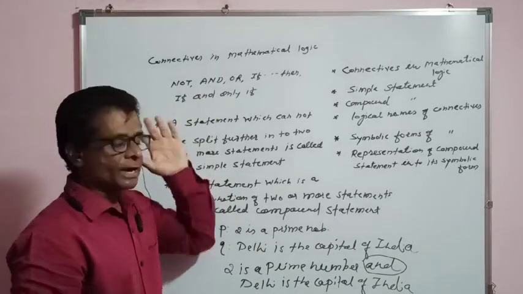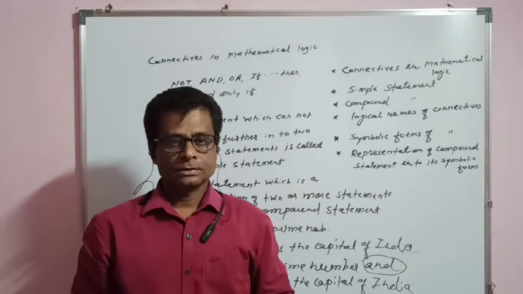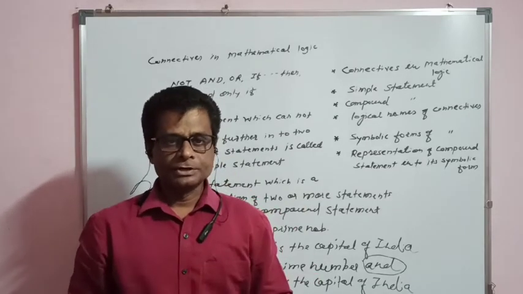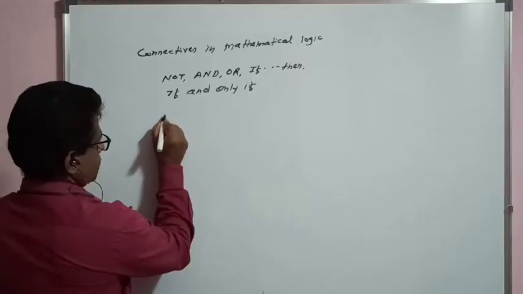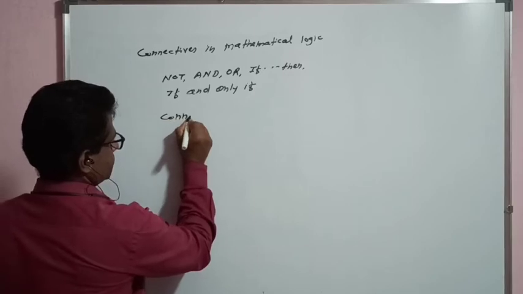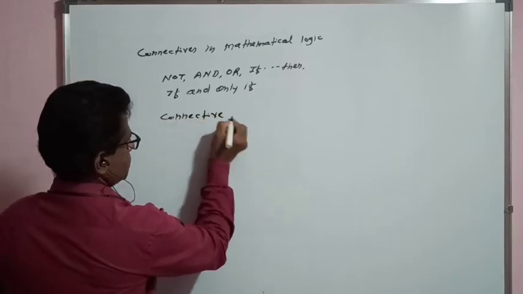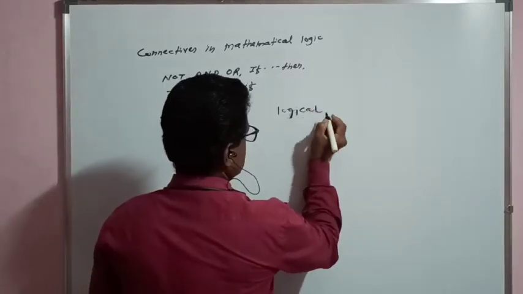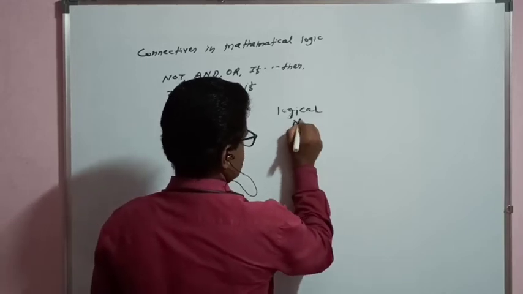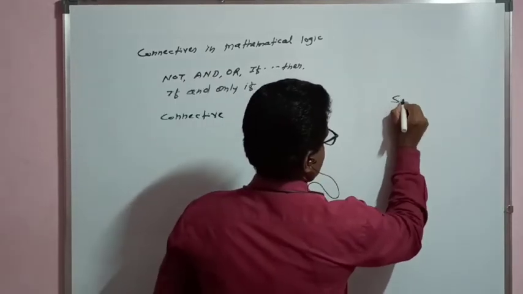Then each connective has a logical name and a symbol. So connectives, logical name, symbol.